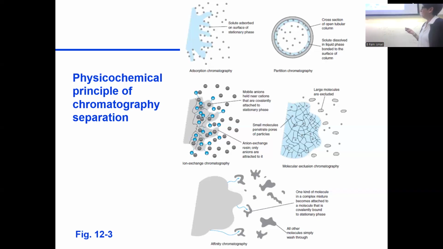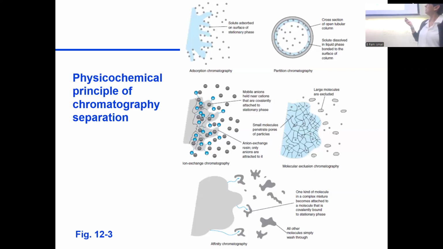And then here we have affinity chromatography, where you have kind of a lock and key. So it's like enzyme and inhibitor, or enzyme and substrate, or antibody and antigen. So interactions are hydrogen bonding, electrostatic, hydrophobic, van der Waals, all types of non-covalent interaction.